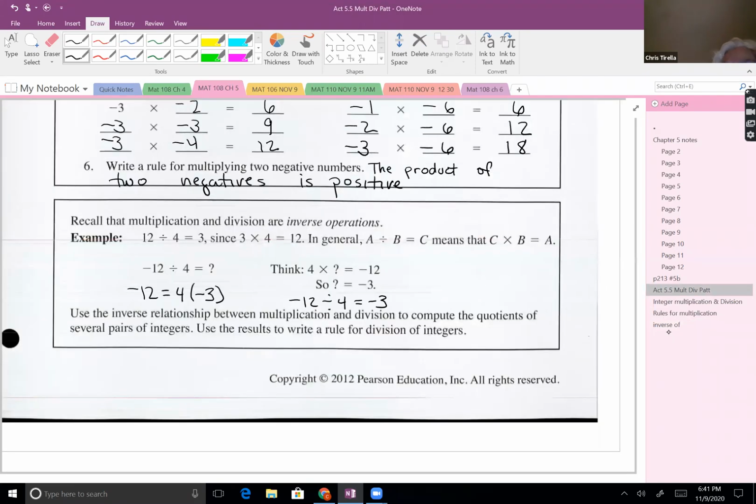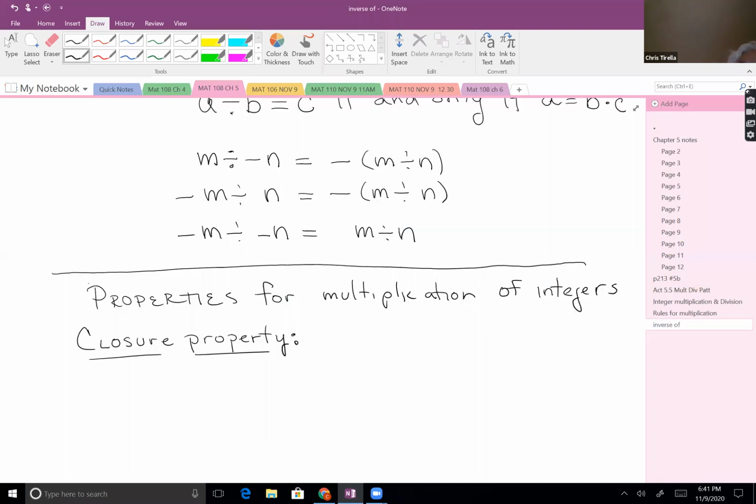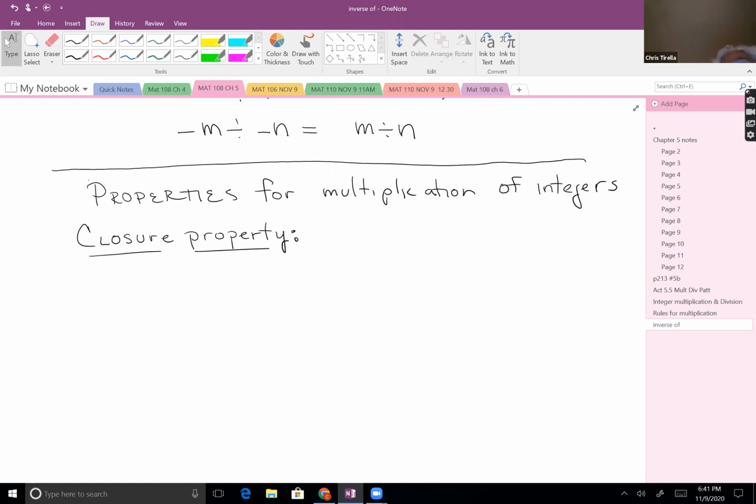When we were looking at a set with an operation. If I look at the multiplication of two integers, can anybody remember what it meant for a set to be closed under the operation? Remember, if a set's closed under the operation, it means that the answer is always an element of the set.